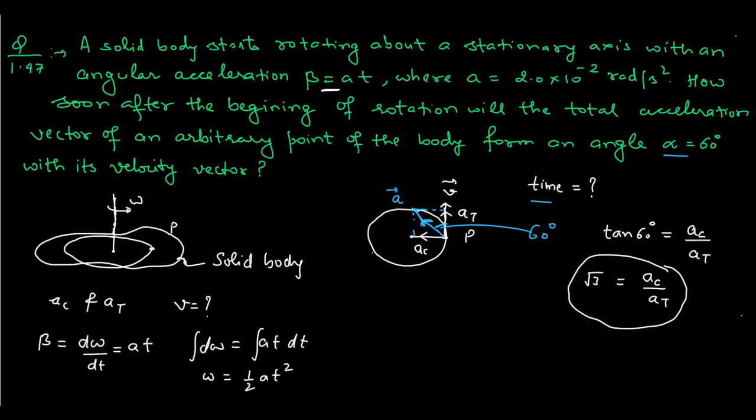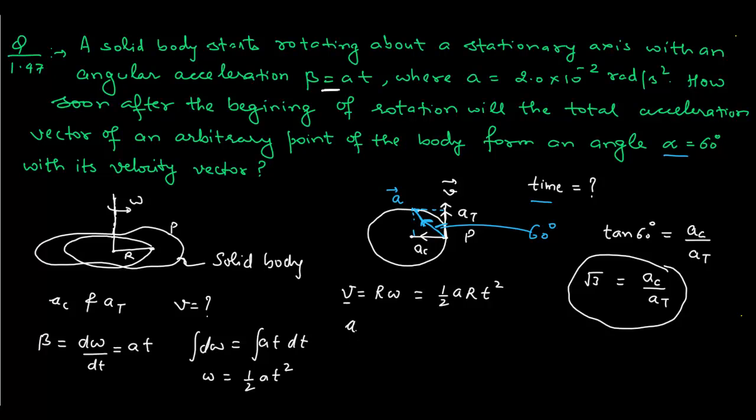Now suppose the radius of the circle is r, so the magnitude of the velocity V is equal to r omega. Omega we have calculated, so we will get half a r t squared.